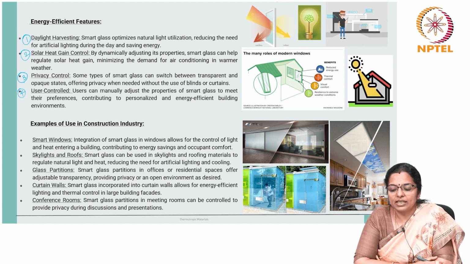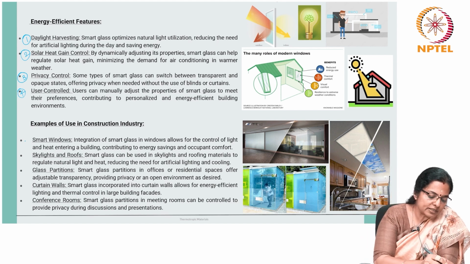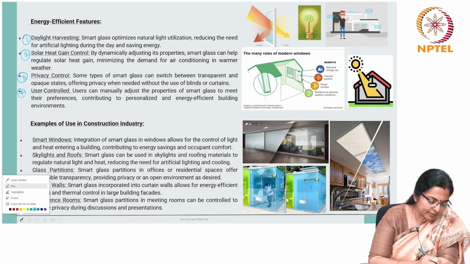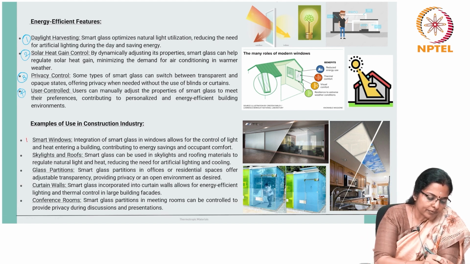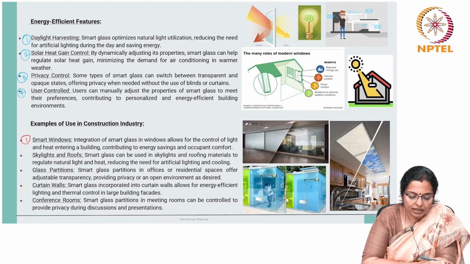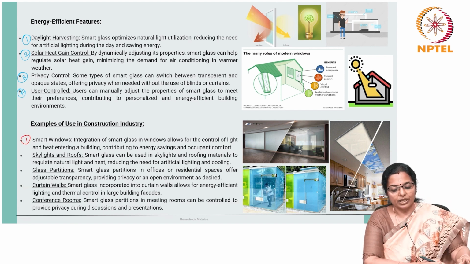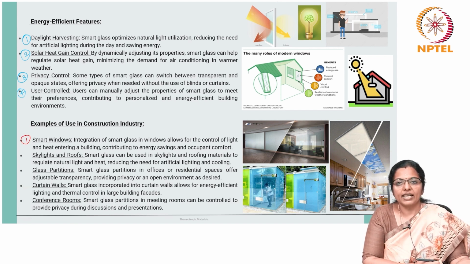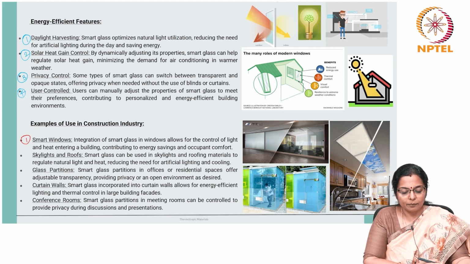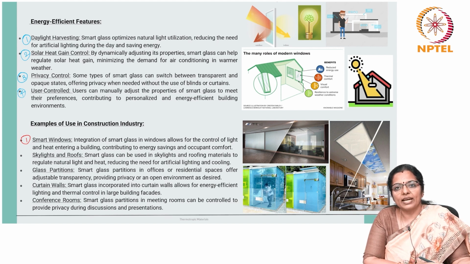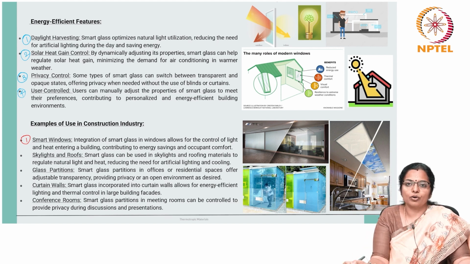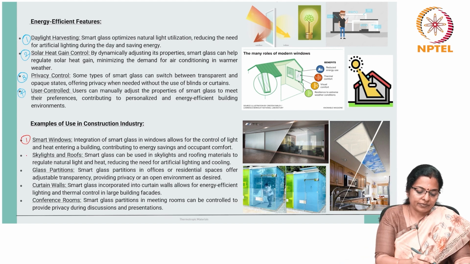Examples of use in construction industry. Smart windows. So, integration of smart glass in windows allows for the control of light and heat entering the building, contributing to energy savings and occupant comfort.